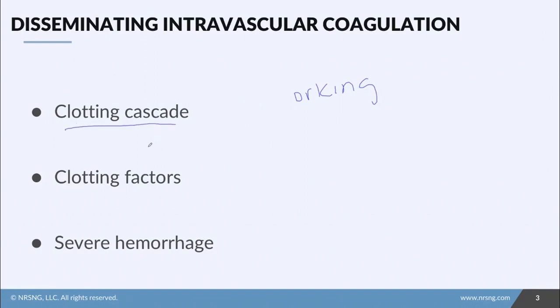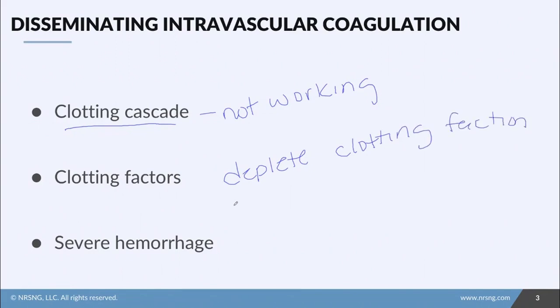Many clots form quickly, and that's going to deplete our clotting factors. If we have no clotting factors because we've depleted them, then we're going to have severe hemorrhage. So that's a huge risk with DIC.